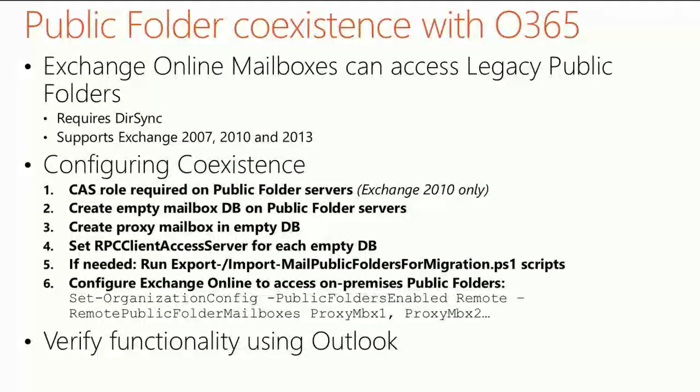Dirsync is a requirement to make the authentication work. But these proxy MB1 and proxy MB2, which are the mailboxes that we created, do they need to show up in Exchange Online? I guess yes. Yeah, you're right. You need to wait for Dirsync to do that process.